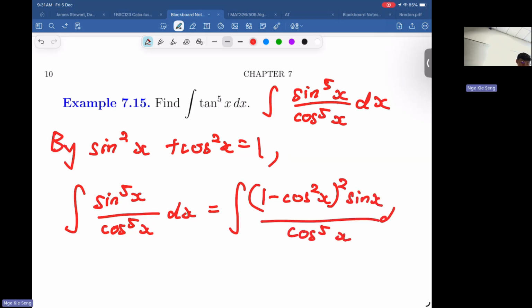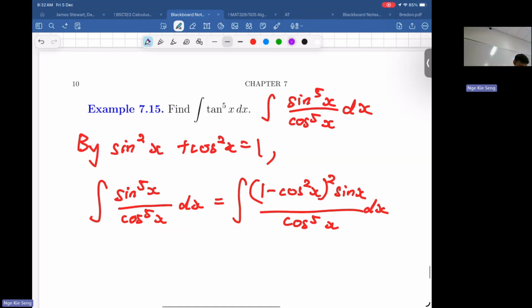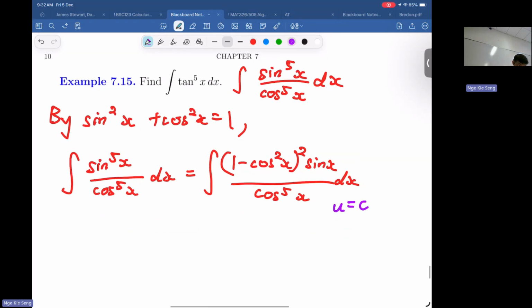So last time, what did we say? When we see sine and cos, whenever we want to do substitution, it is good that we have another trigo function with us. So let's try some experiment. Let's say I let u equals cos x, du will definitely produce another trigo function for you.